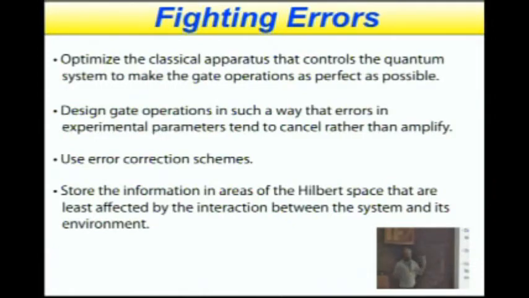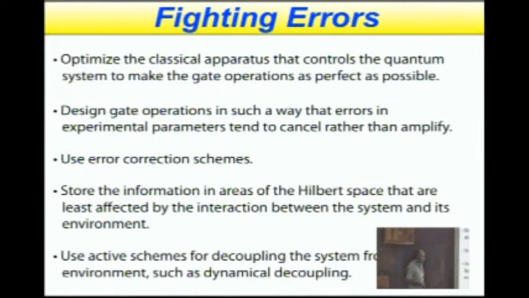Furthermore, if you look at Hilbert space, it's like a lab space in a way. It's not homogeneous. There are regions in Hilbert space which suffer a lot from the environmental perturbations, and there are other parts of Hilbert space where you can preserve the information for a longer time. And of course, you should try to use that part as much as possible.